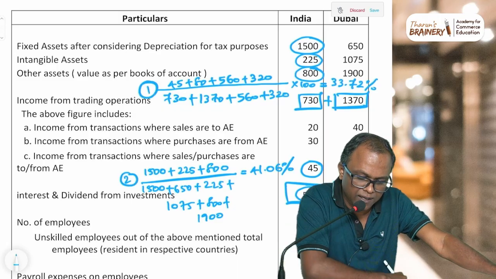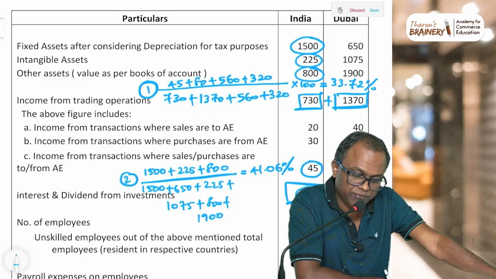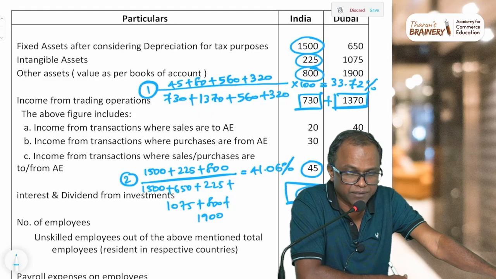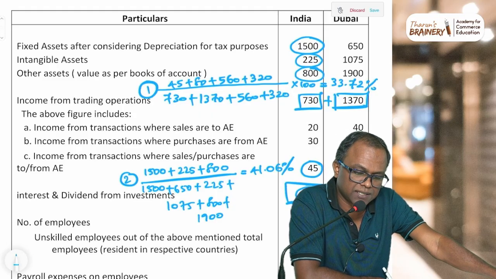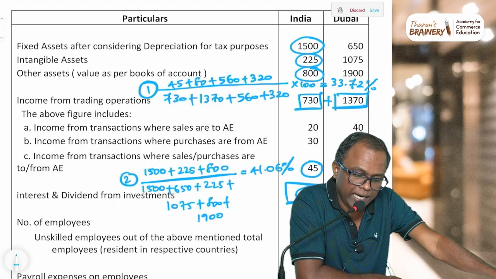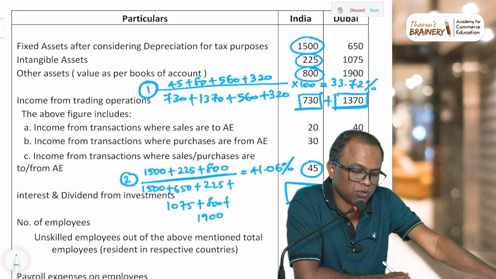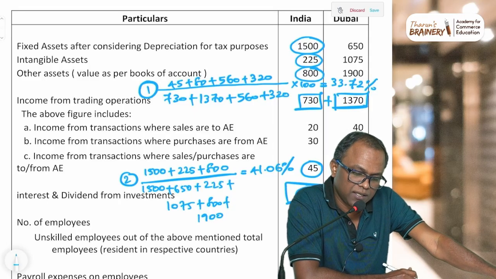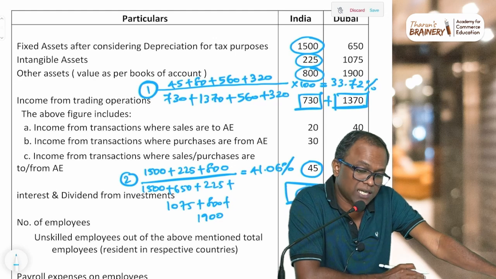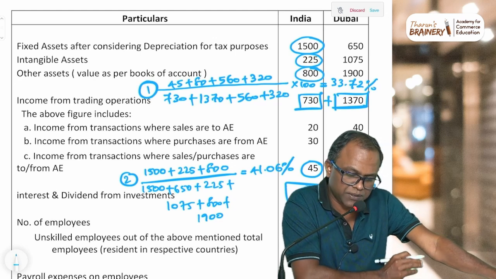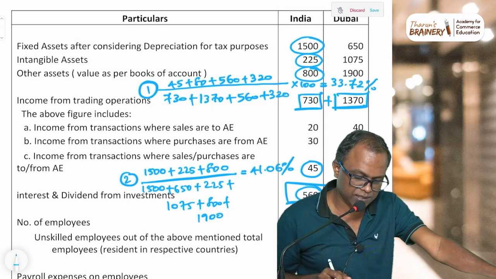Value of assets in India is less than 50% of total assets of the company. Here remember comparison, value of assets in India only. Don't consider other assets, right? While computing the total assets, we should consider India plus Dubai, but for percentage purpose, Indian assets should be less than 50% of the total assets of the foreign company.